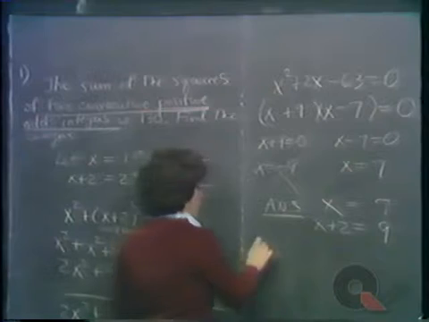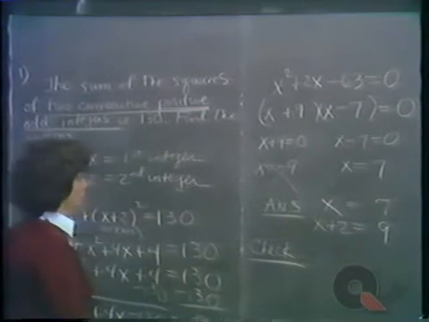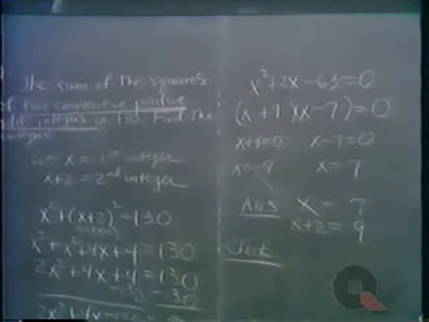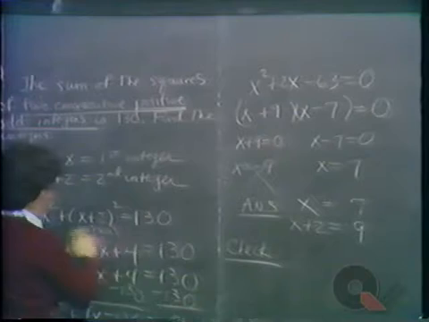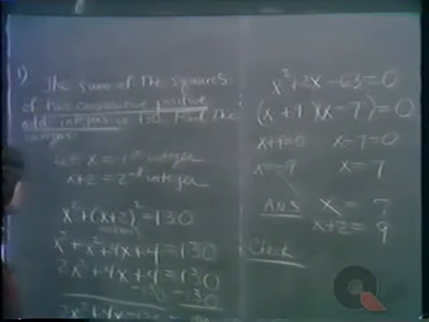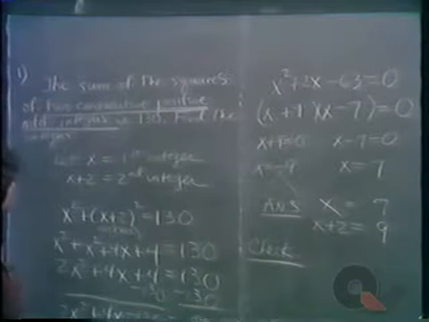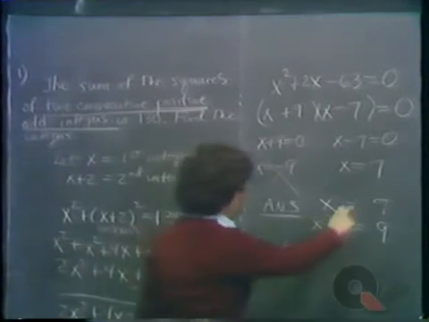The question is, have we found the answer? Is this correct? And let's check it in the words of the problem. Don't go back to the equation, which conceivably could be incorrect. Go back to the actual words of the problem. The sum of the squares of two consecutive positive odd integers is 130. The sum of the squares.